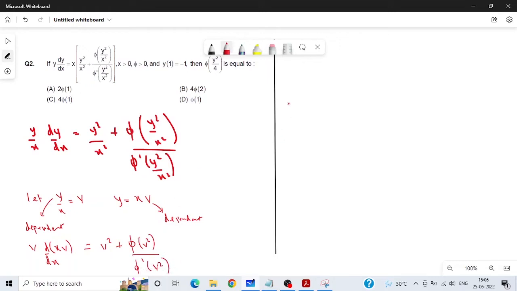Now let's simplify. We can apply the product rule here: x dv/dx + v, since the derivative of x will be 1. This equals v² + φ(v²)/φ'(v²).